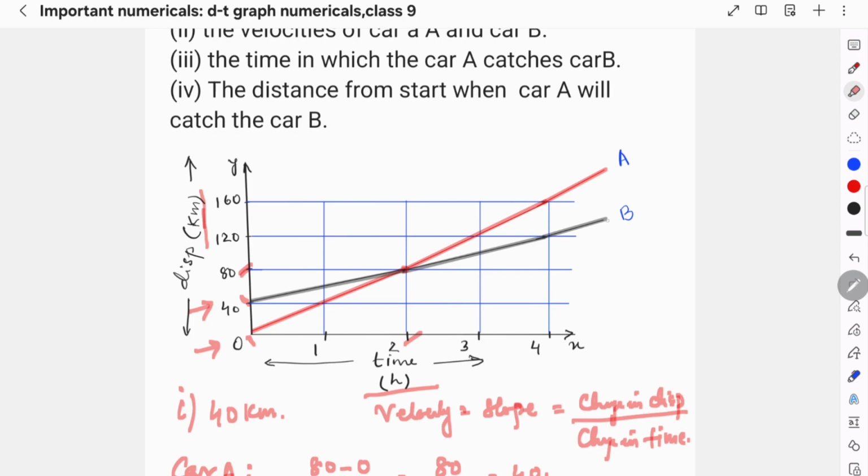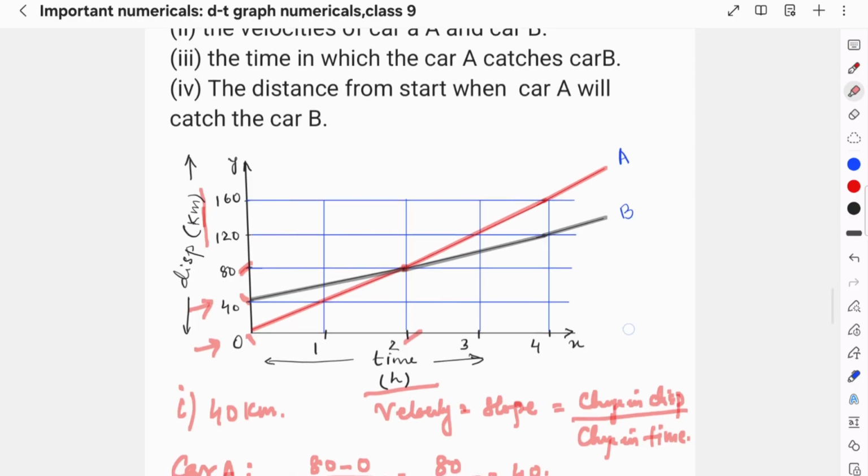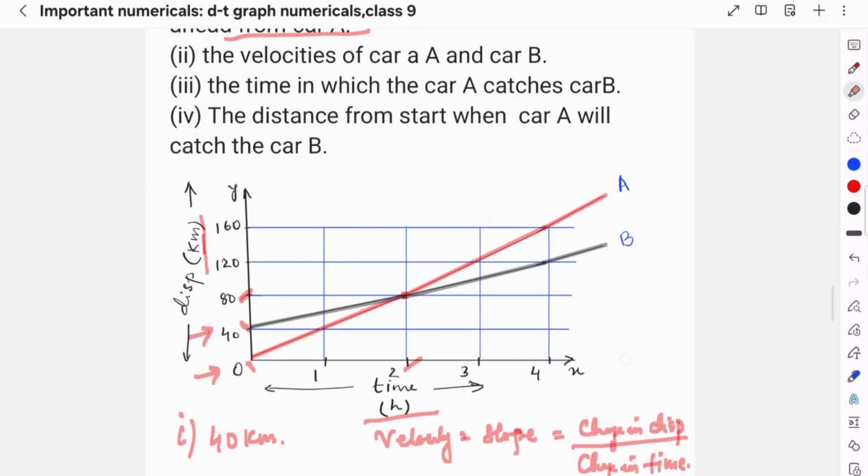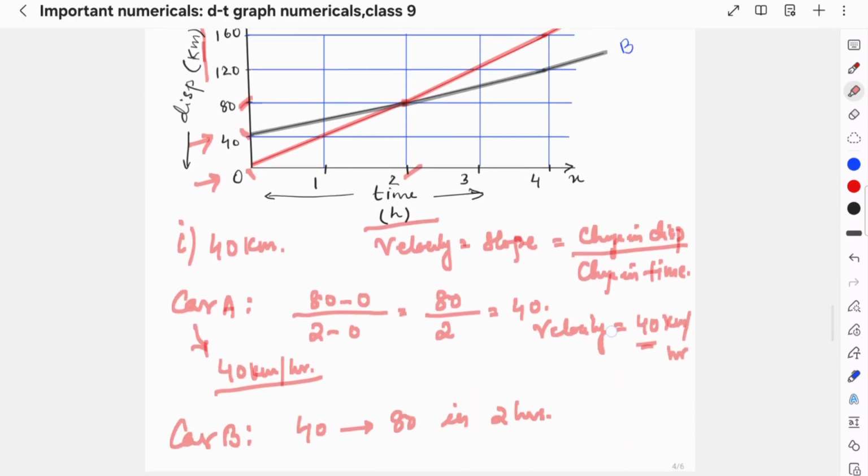So car A and car B are intersecting at 80 kilometers, at time 2 hours. So car A will catch B after 2 hours. The intersection of this graph will give you the solution for this.